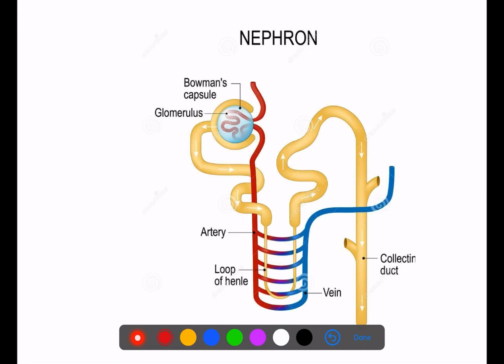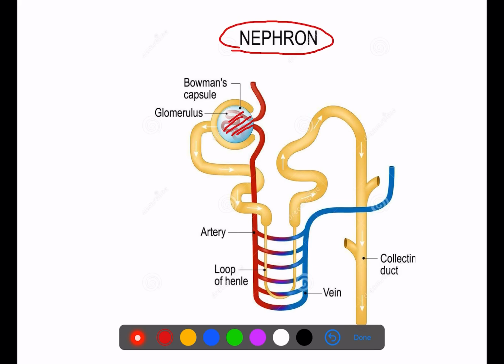The histological structure of the kidney contains mainly a basic structure called the nephron. This basic structure contains the glomerulus, which is composed of a collection of small blood vessels.